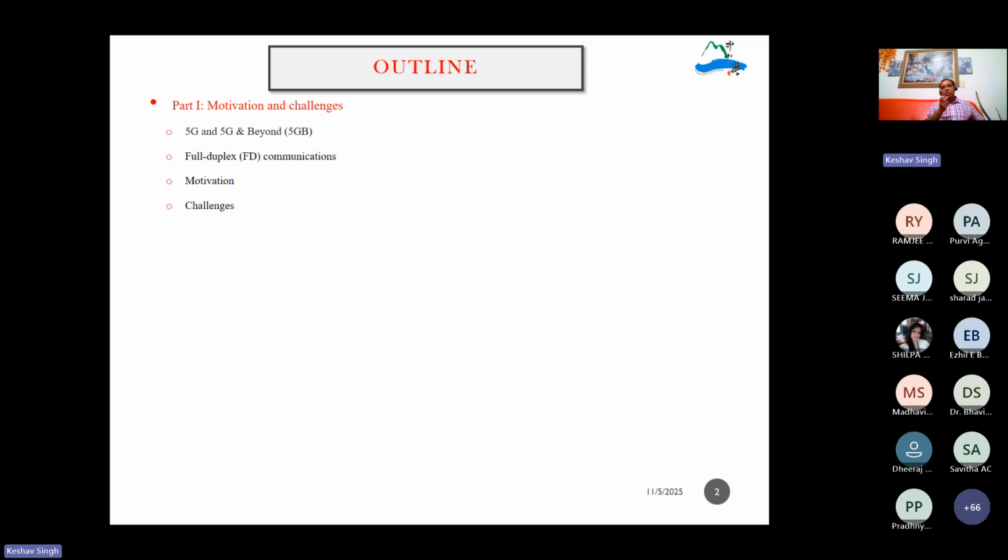As you have seen, by 2030 mobile data traffic will reach more than 5,000 exabytes per month. How are we going to meet this? Either the government allocates extra spectrum for commercial purposes, but spectrum is very, very expensive, so the government can't allocate a huge spectrum just for communication.